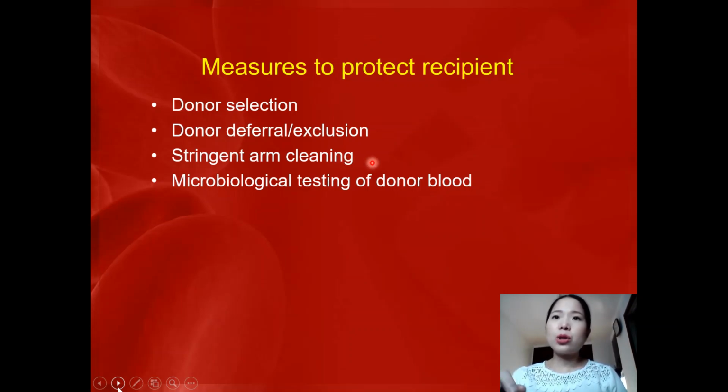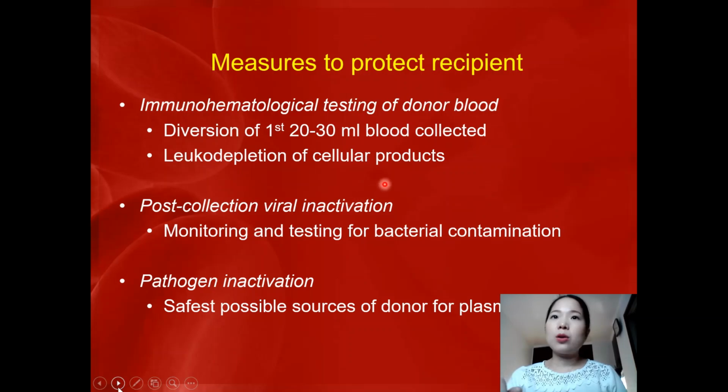Also, you should do stringent arm cleaning to prevent contamination of the donated blood. And you can also do microbiological testing of the donor blood. You can divert the first 20 to 30 ml of blood collected.